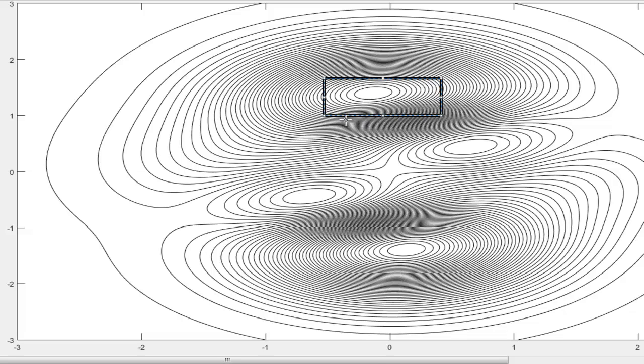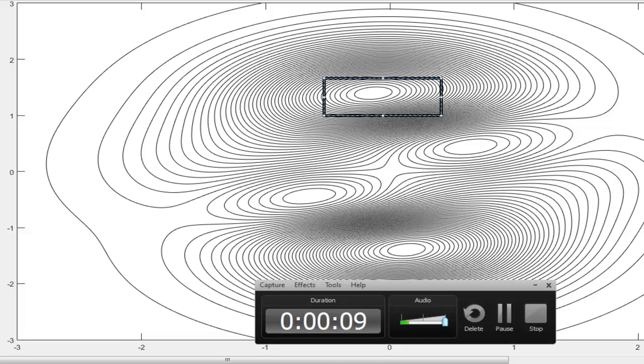So this rectangle is much smaller than the domain that we took. Now we will go to MuPAD to obtain these points approximately, which will be a little easier.